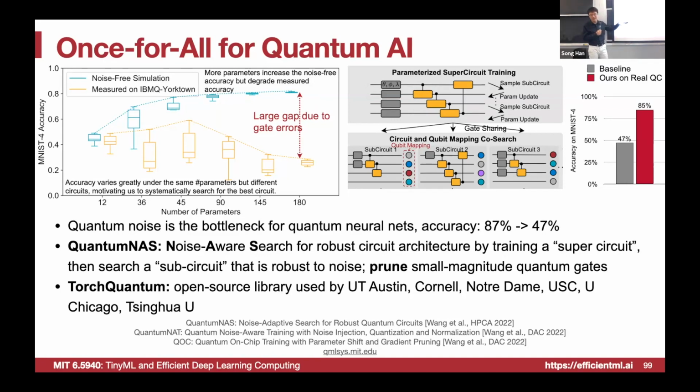And quantum NAS, quantum noise-aware search for robust circuits, basically trains a super circuit and then searches for a sub-circuit that is robust to the noise, and prunes away those small-magnitude quantum gates. So pruning also applies over there. If a gate is not necessary, it may incur noise, so it may as well just be pruned away.